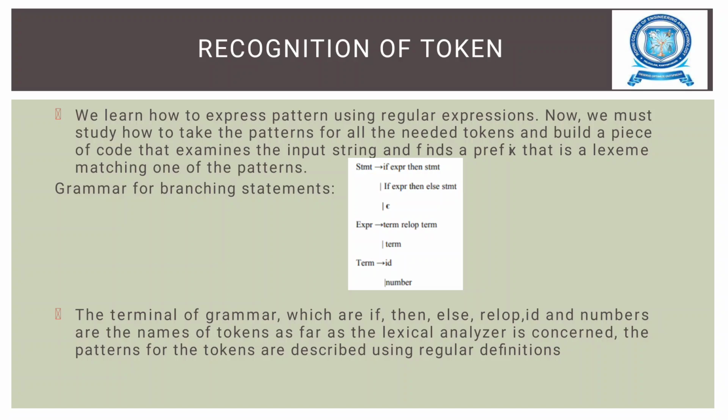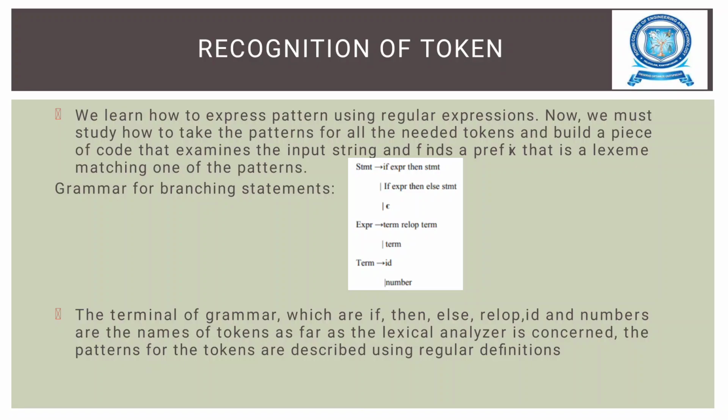Next, the grammar. The grammar is used to find the token, that is, how to express the patterns using regular expressions. The regular expression expresses the pattern by using a set of definitions or rules, and that set of definitions or rules is called a grammar.